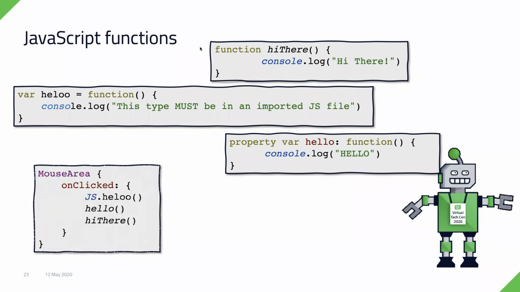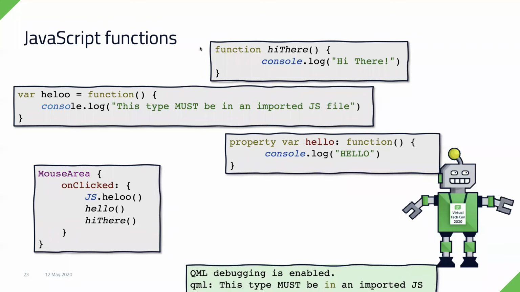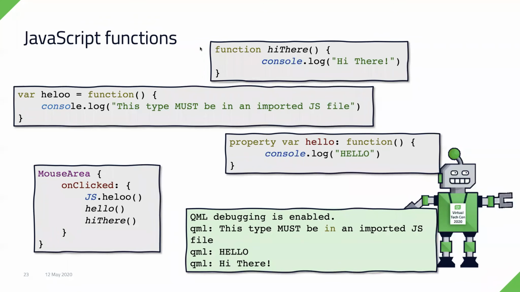So if we run that, what we have here is a mouse area and a signal handler, and that signal handler runs when the mouse area receives a click. It's running all that JavaScript, and it will run those functions much the same. We're going to look a bit more at signal handlers shortly, but for now, that's just an easy way to run JavaScript.